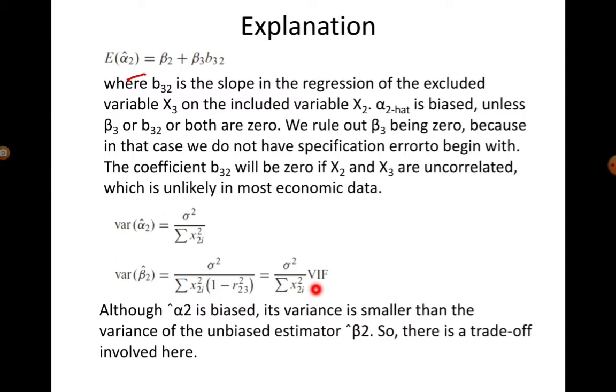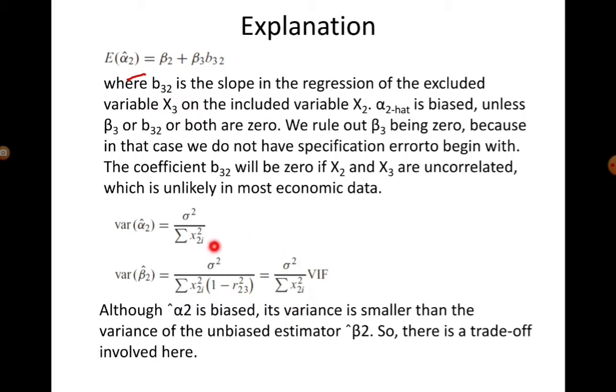So what does this mean? It means that alpha 2 hat is biased, no doubt, but the variance of alpha 2 hat is actually lesser than the true model, true parameter estimate.